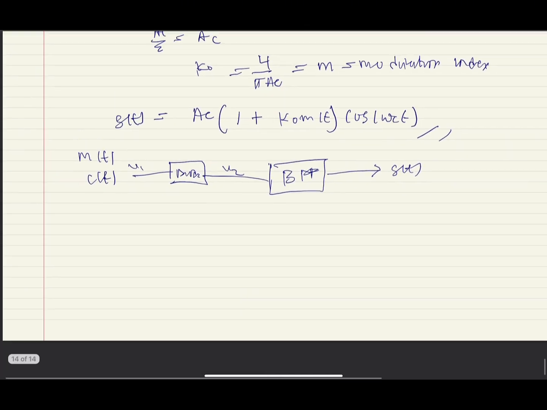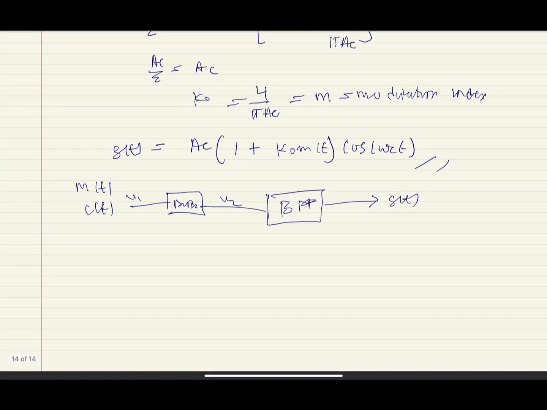So in conclusion, all message signals lie in the frequency range of 20 Hz to 20 kilohertz. In order to transmit any message in the range of these frequencies, there should be a modulation, and therefore we need a carrier signal to carry this information for us.